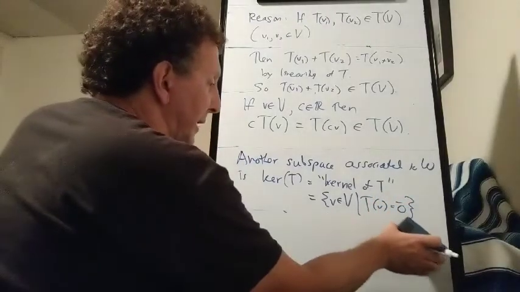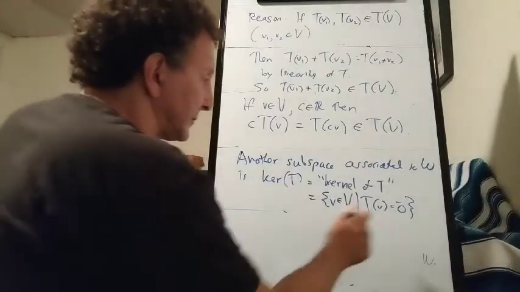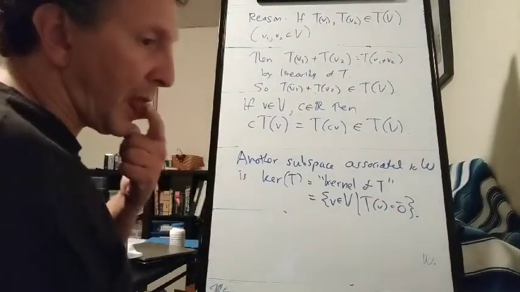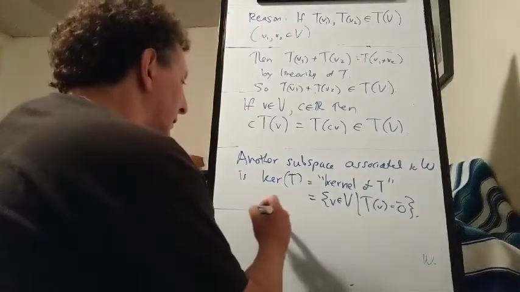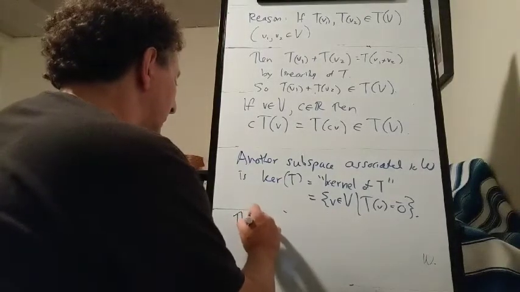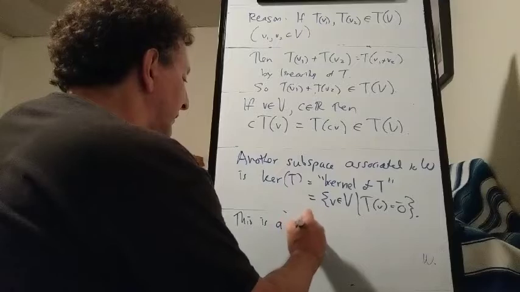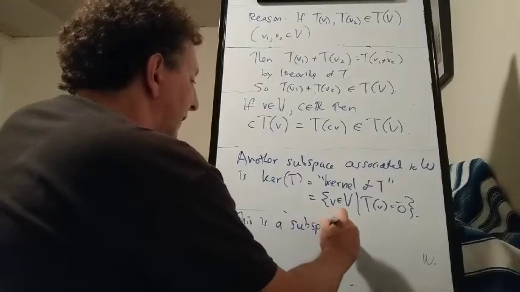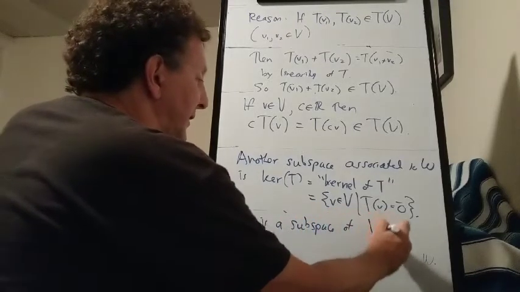So all the vectors that get mapped to 0. Now this is a subspace not of W but of V.